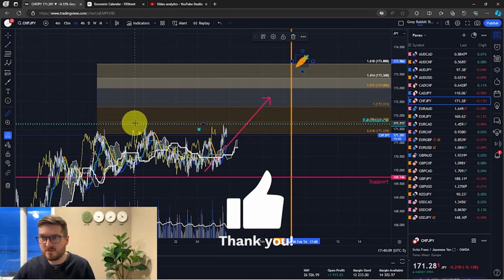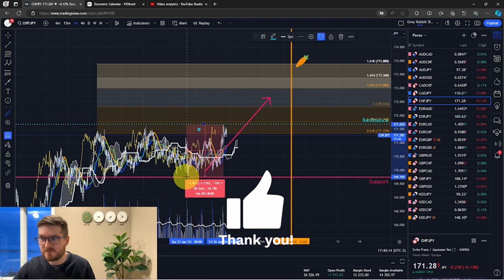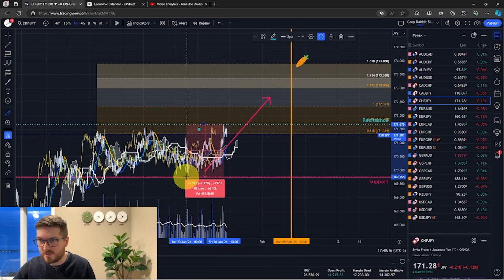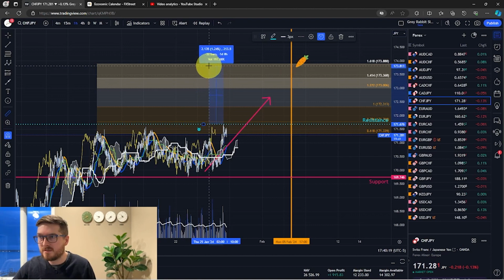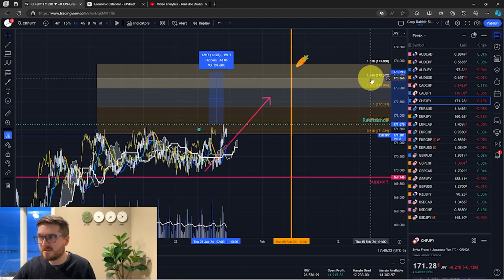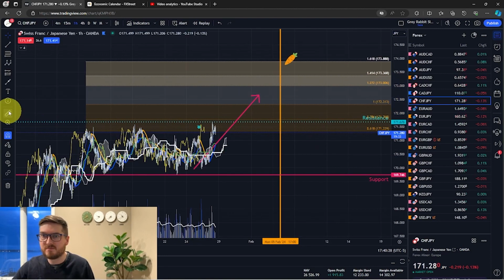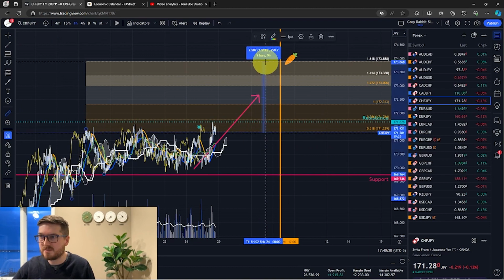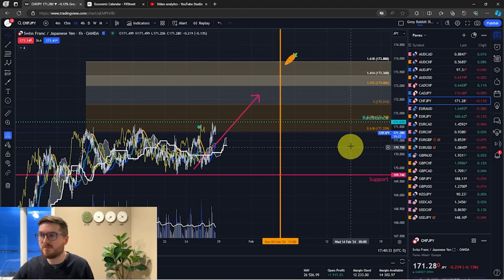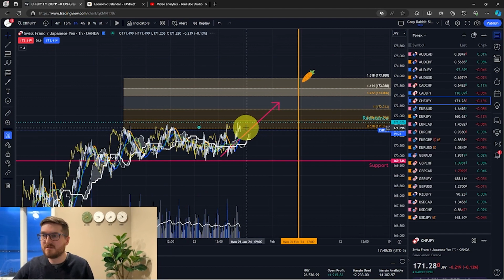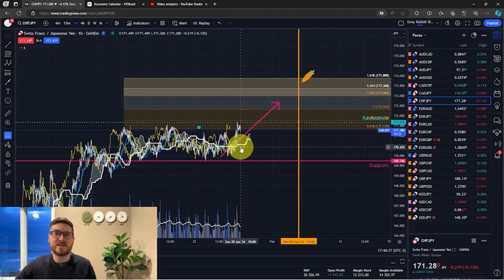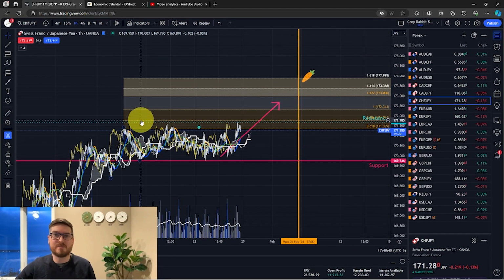Let's see, a 1-to-1 move between these from the resistance to support level is about 192 pips. And so 192 pips is right up here in between the 1.414 and the 1.618 levels. So from the current price to the target, we've got about 260 pips. So keep an eye on this pair, guys. I expect it to be breaking out soon, and that's Swiss franc, Japanese yen.